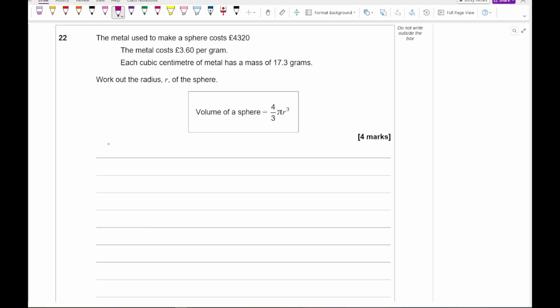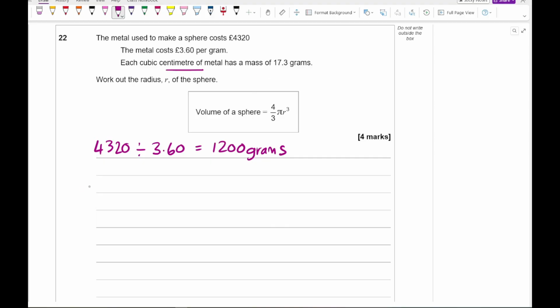So for this particular question, what we need to do first is work out how many grams there are. So that's going to be 4,320 divided by £3.60, and that comes up to a total of 1,200 grams. Now from this, what we then need to do is work out the volume.